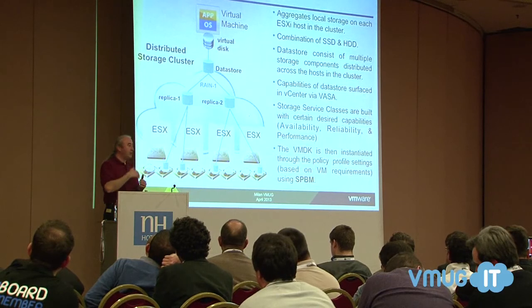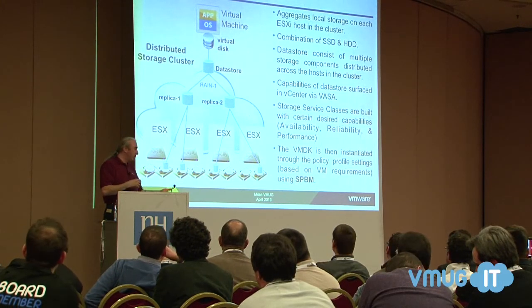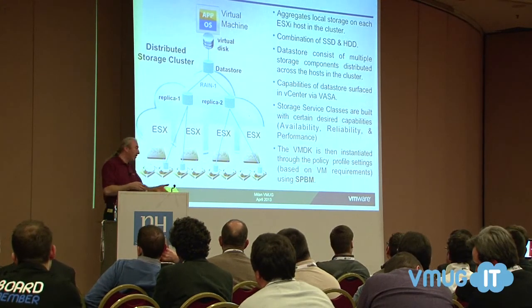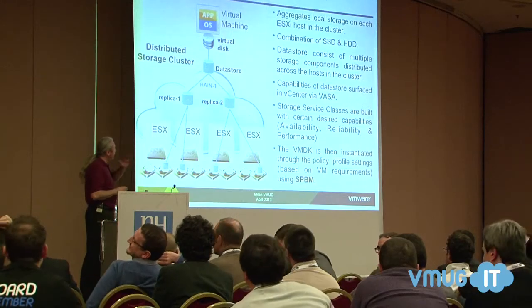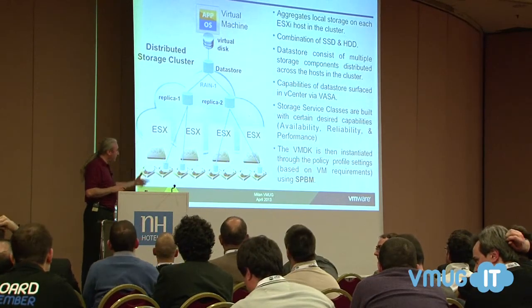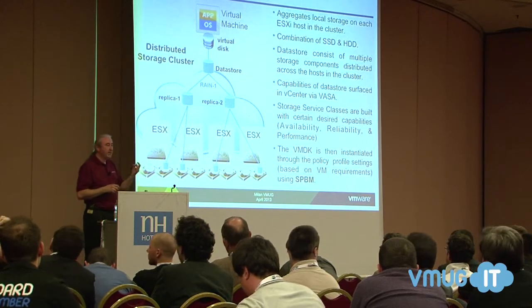And into that policy, you will put the requirements around performance, around availability, around caching. You will associate that policy with the virtual machine when you deploy it on vSAN, and then that all gets pushed down to the vSAN layer and gets instantiated. So as I said, the VMDK is instantiated based on the contents of the policy.